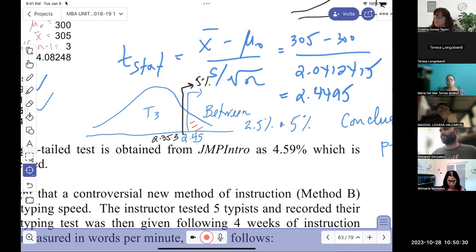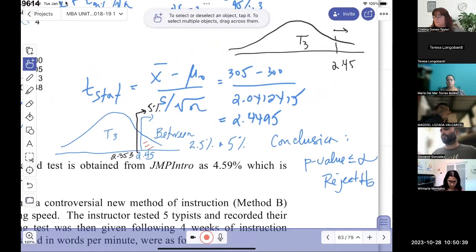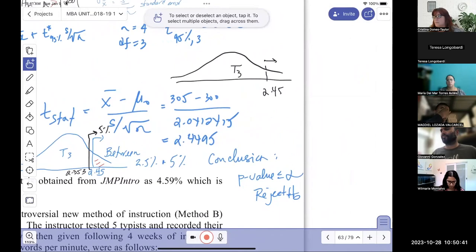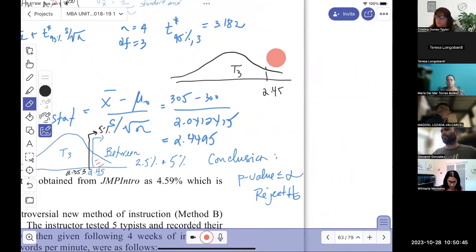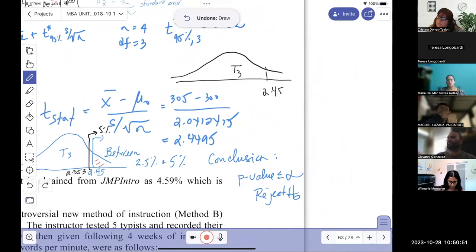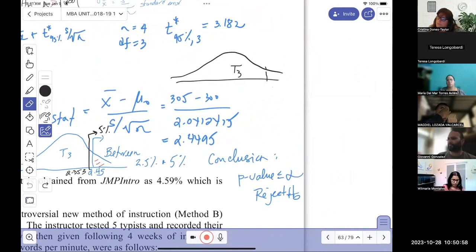But if I'm going to have a two-tailed test, I have to split up the 5%, and I put 2.5% on both sides. So that's going to be way over here, right? I'm going to use the same color scheme.